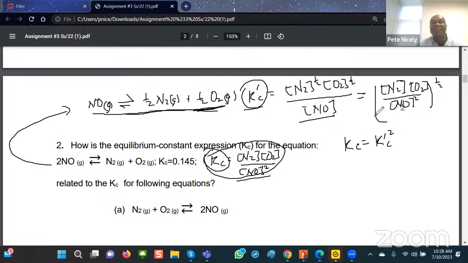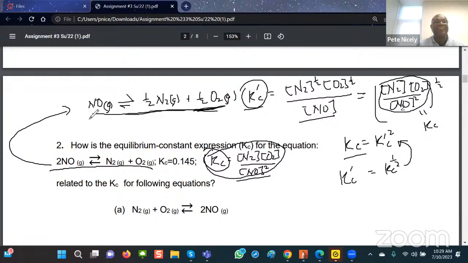So all this right here would be equal to Kc. Therefore, Kc prime would be equal to Kc raised to the half, which means that Kc would be equal to Kc prime raised to the 2. That's basically the relationship between Kc for the original equation and Kc for this equation.